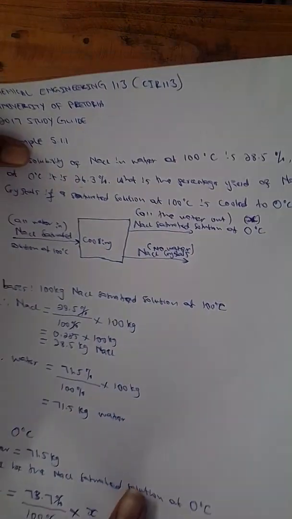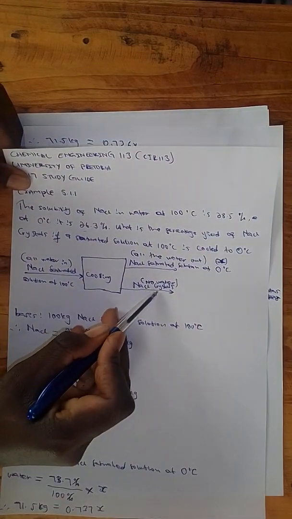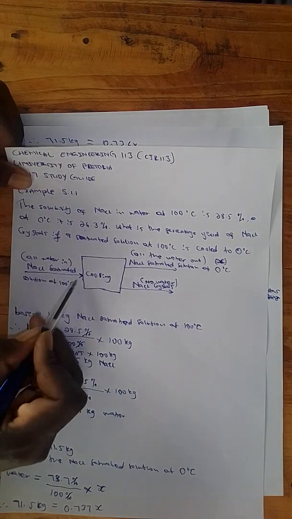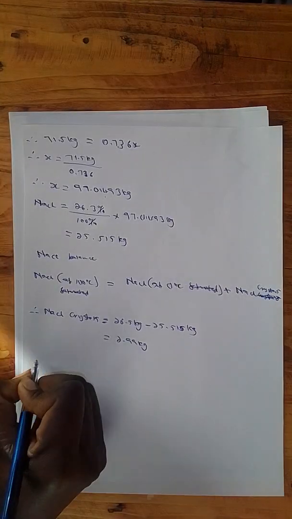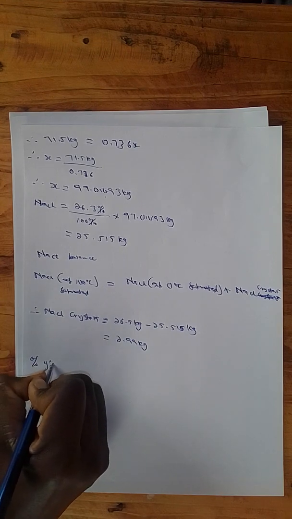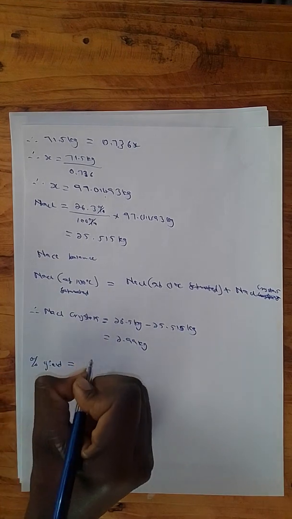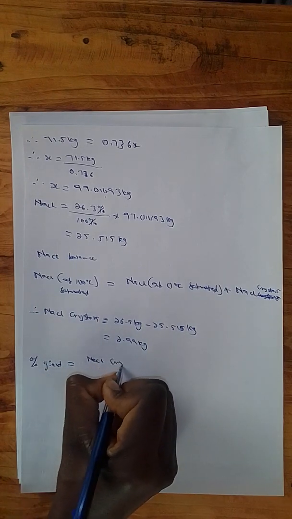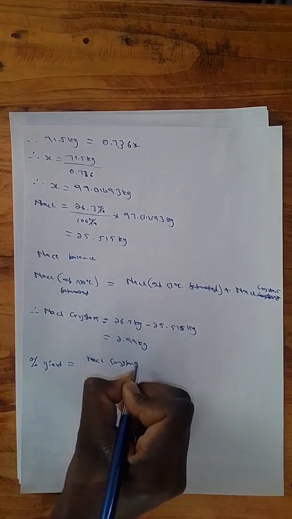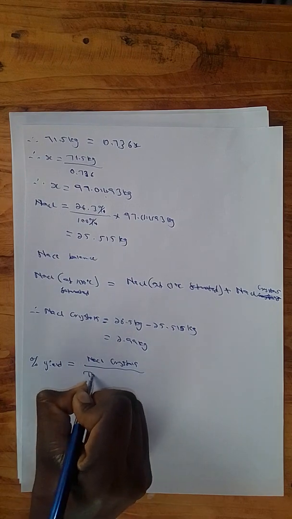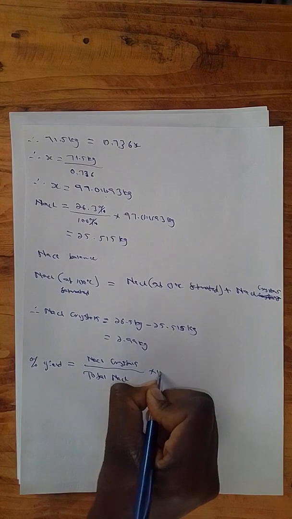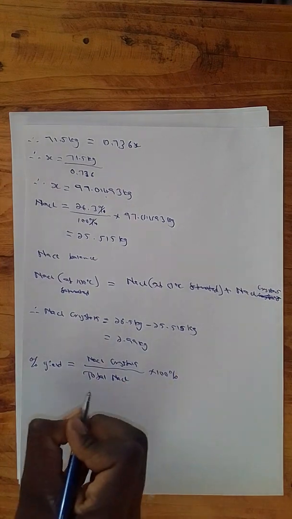So now we know the amount of sodium chloride that forms crystals, and we also know the total amount of sodium chloride that entered here. So the percentage yield equals NaCl crystals over total NaCl multiplied by 100%.